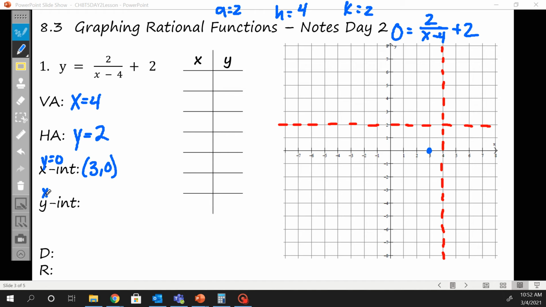Our y-intercept, so we can plug in 0 for x to do this one. This one's going to be a little bit easier. So if we plug in 0 for x instead, we get y is equal to 2 over 0 minus 4 plus 2.